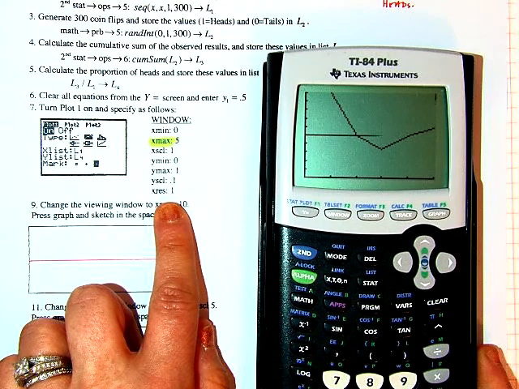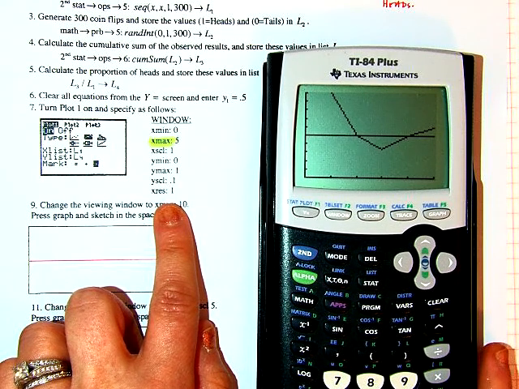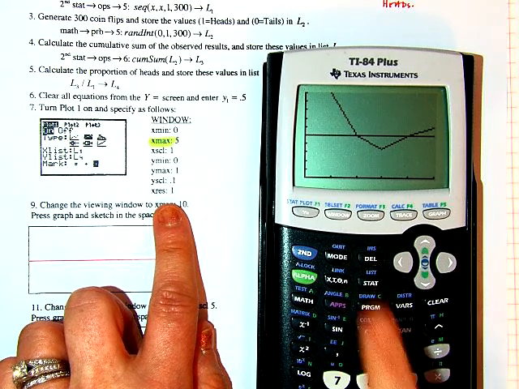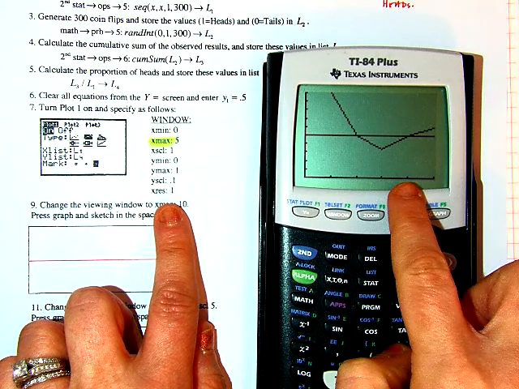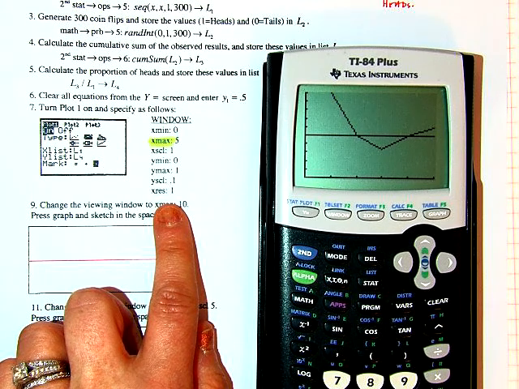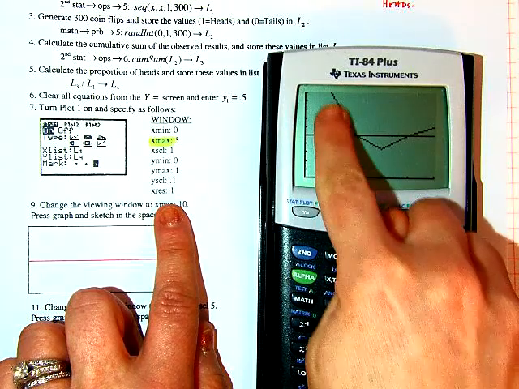And I want to remind you that our answers are going to vary. So for mine, for example, let me walk you through it. This is trial 1, 2, 3, 4, 5, and we're looking at the proportion of heads at any given trial number. After my first trial, I had 100% heads.